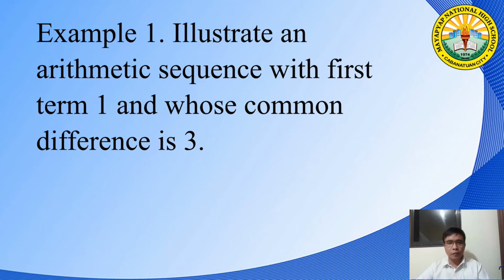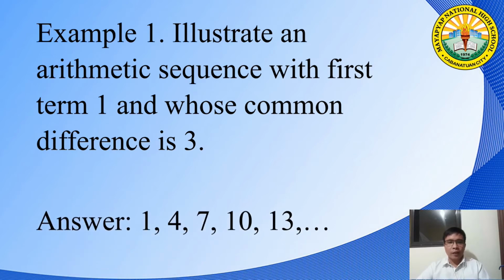The answer will start at 1 followed by 1 plus 3 equals 4, 4 plus 3 equals 7, 7 plus 3 equals 10, 10 plus 3 equals 13, and so on and so forth. Thumbs up for those who get the correct thinking. You can do it next time for those who did not.